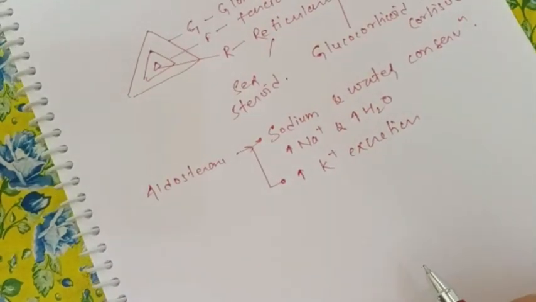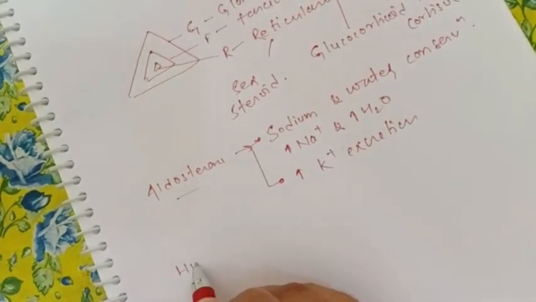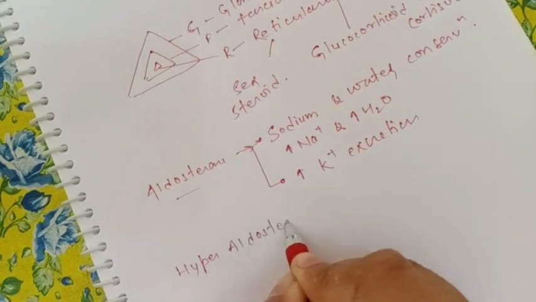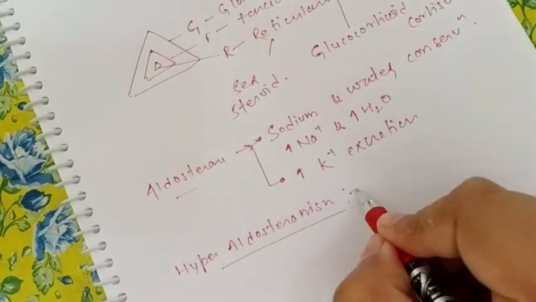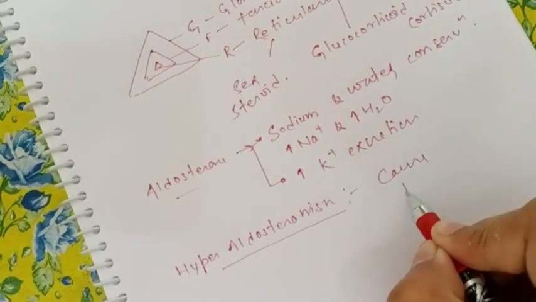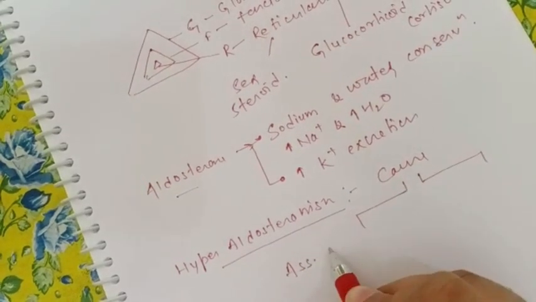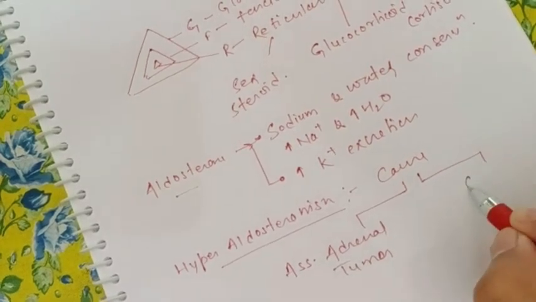Now, whenever there is increased aldosterone, we call it hyperaldosteronism. What could be the cause of hyperaldosteronism? It could be associated with an adrenal tumor, or it could be without an adrenal tumor.